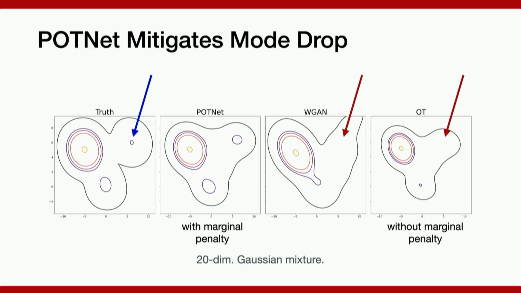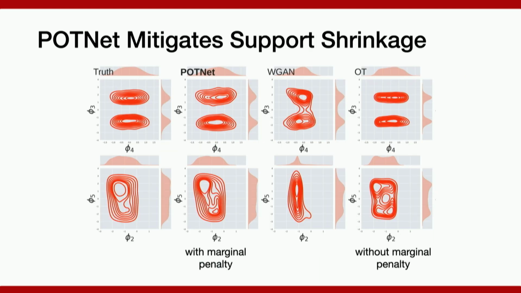Now for support shrinkage, the setup here is a conventional likelihood-free inference setup. In the first panel, again, I have the ground truth data. Second column corresponds to POTNet. Third column corresponds to Wasserstein-GAN, and then fourth column corresponds to the same network structure without marginal penalty.